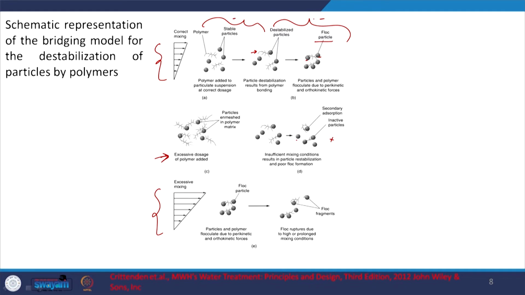If I mix it a lot here, the floc which was in this stage is going to break up, if I mix it way too much or for way too long. So we need to be conscious of how much energy we are imparting to the solution from our paddles or such, how much turbulence I am imparting to the solution. Let us keep that in mind and move on.